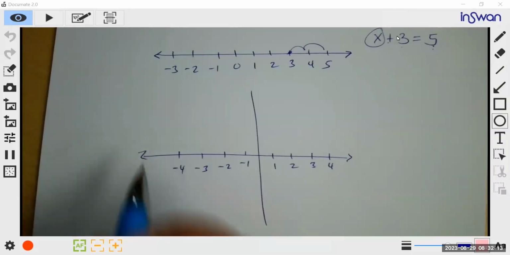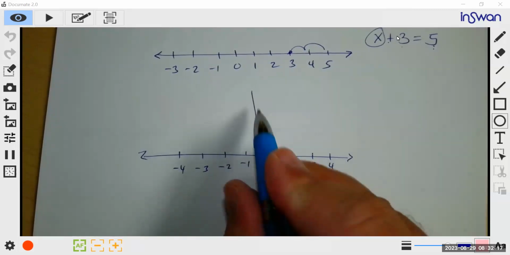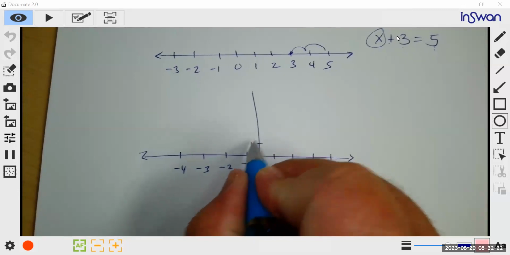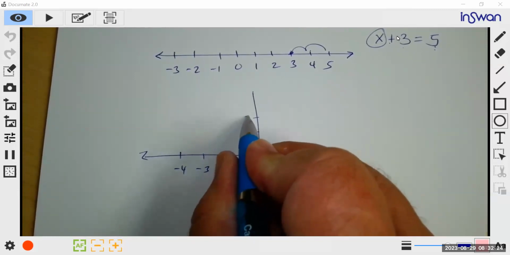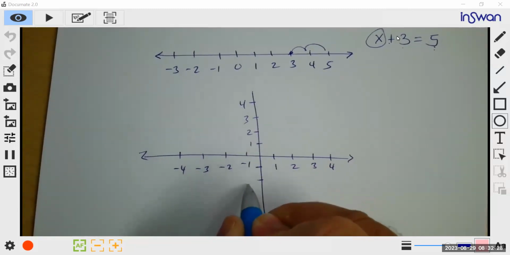So there's your horizontal axis. That's your number line. If you go up, is it positive or negative? It's positive because you're increasing. If you go down, they're negative.